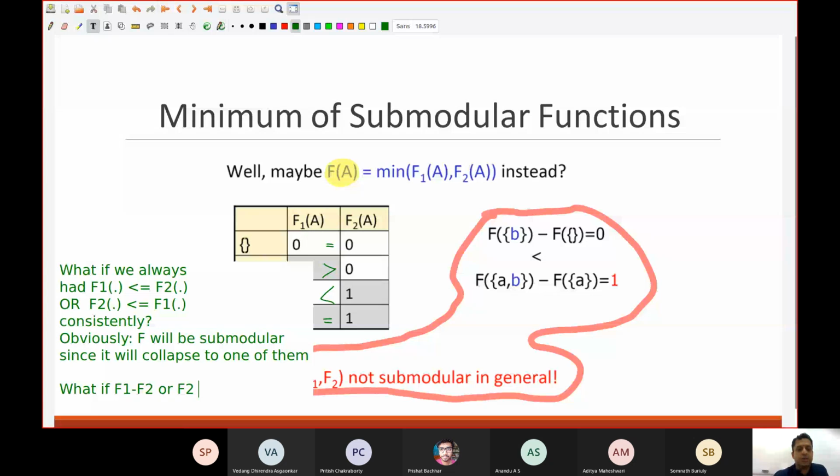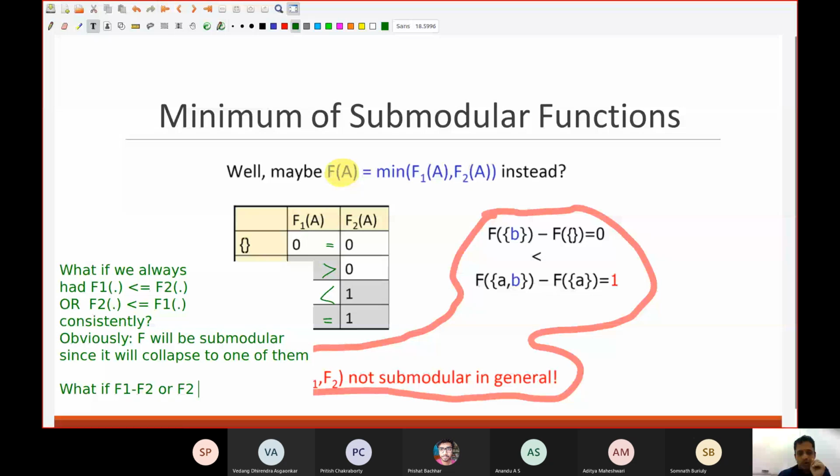Do we have monotonicity here? F1 minus F2, as I keep doing the set. Do we get monotonicity? Right, this is not monotone. So I keep adding elements, increasing F1 minus F2.